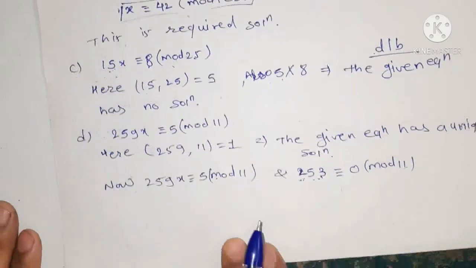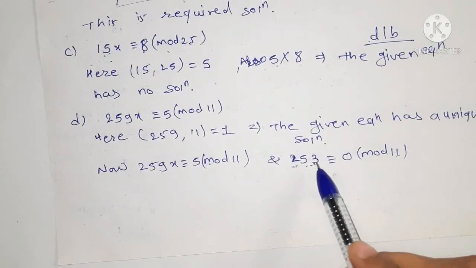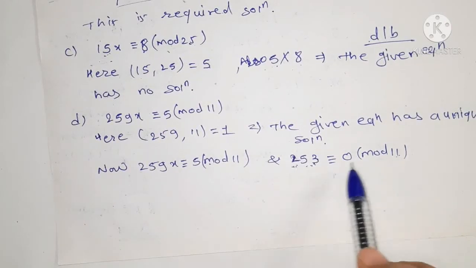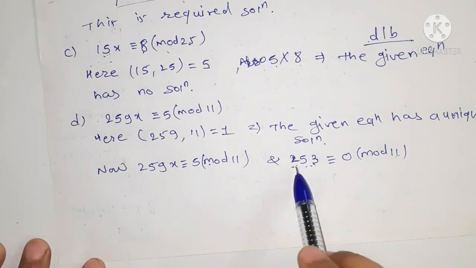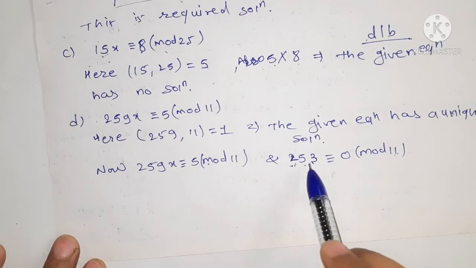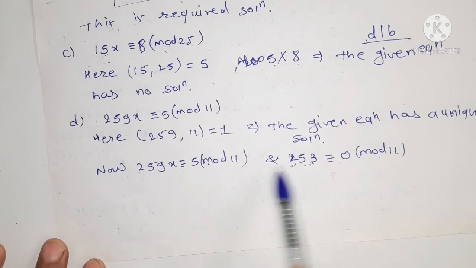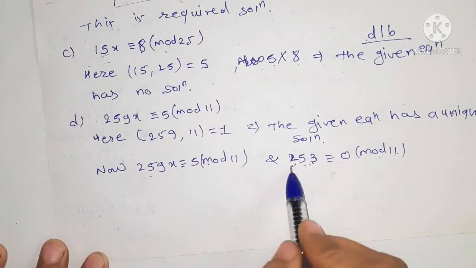You can use the divisibility test to quickly know whether the given number is divisible by some number or not. This number is very near to 259, and therefore we can take the subtraction of these two equations.